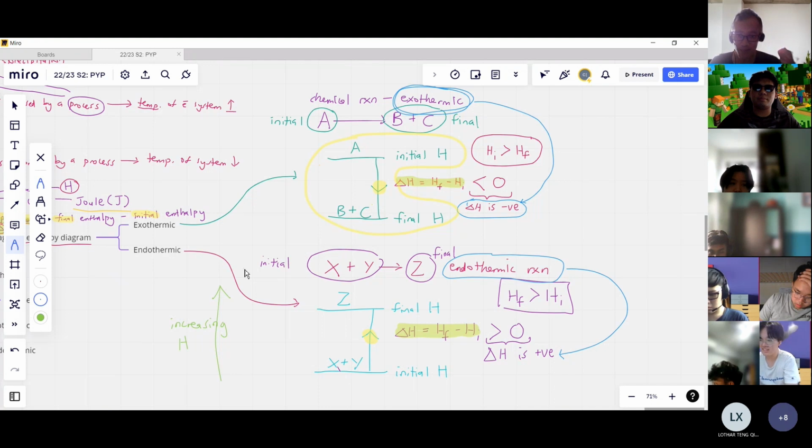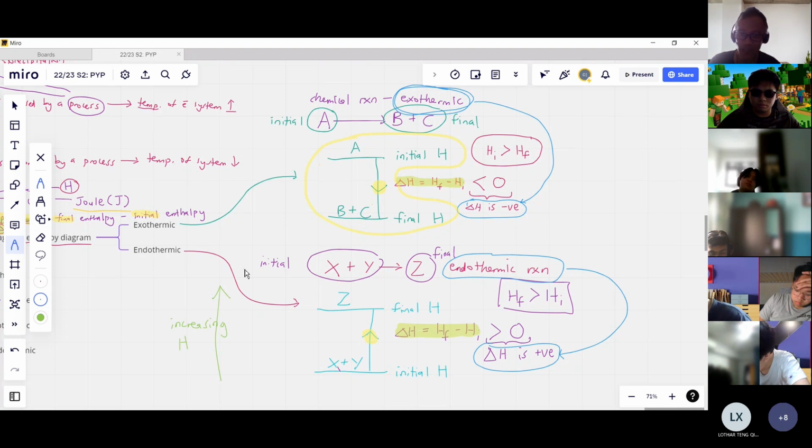Make sure you get this part right. Endo always means delta H is positive. Of course, you can write it as positive or as bigger than 0. Whereas exothermic means that delta H is negative.